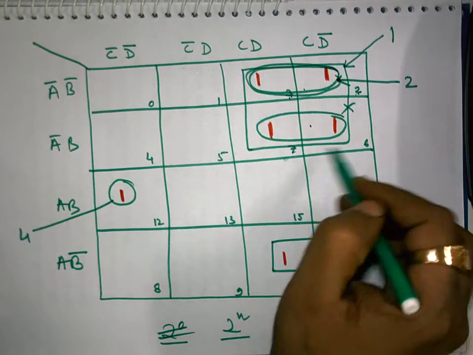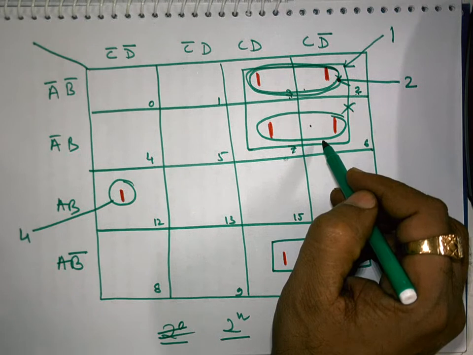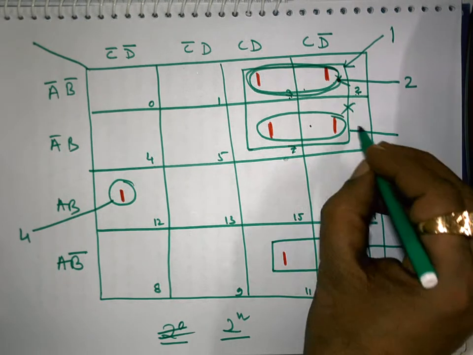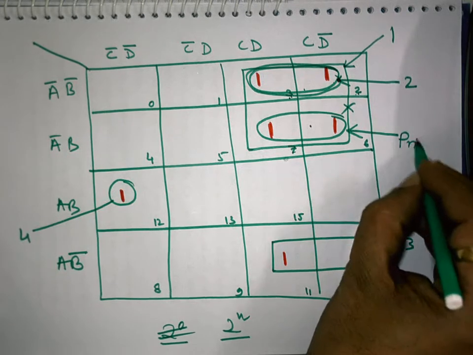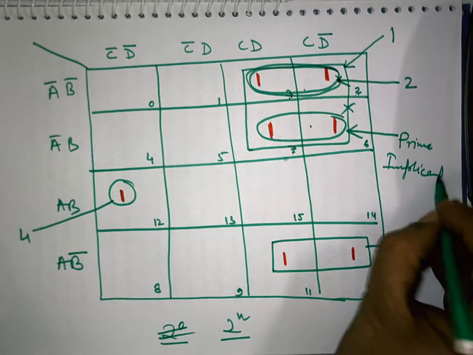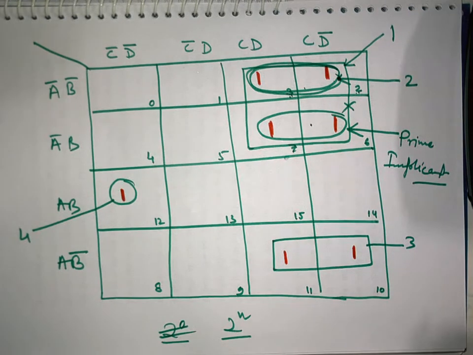Only this quad will result in the maximum minimized term, and this will form the prime implicant. This implicant is called prime implicant. It is called prime because it cannot be further reduced. A maximum group of ones cannot be further reduced. So this implicant is called prime implicant.